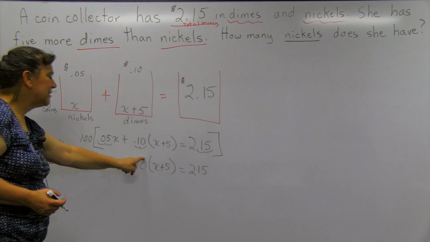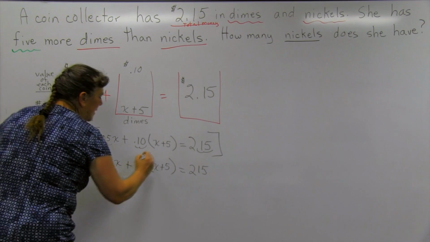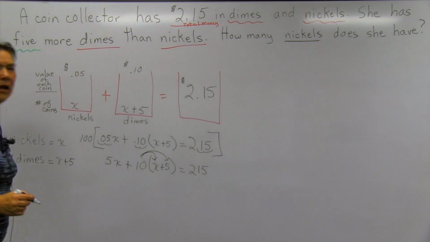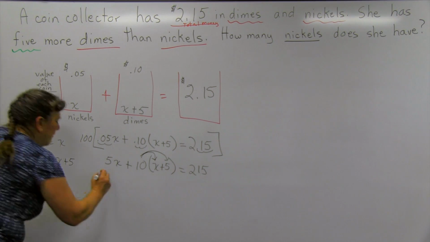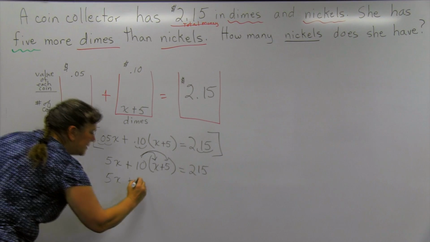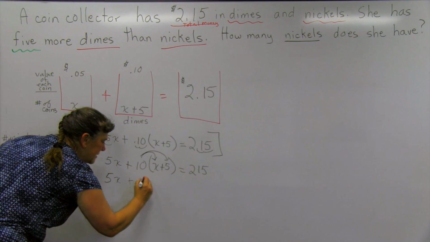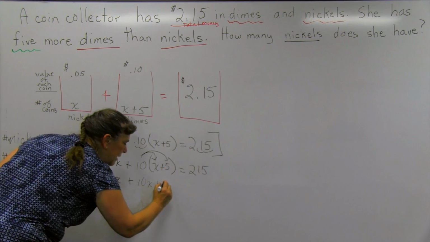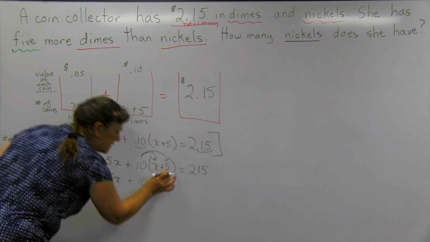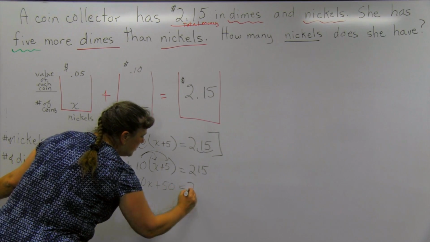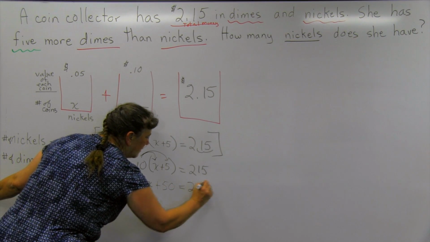Now we're going to distribute, because we have to simplify through distribution before we can go any further. So we have our 5x comes down, plus 10 times x is 10x, plus 10 times 5 is 50, because that's positive, positive, making positive. And that equals 215.